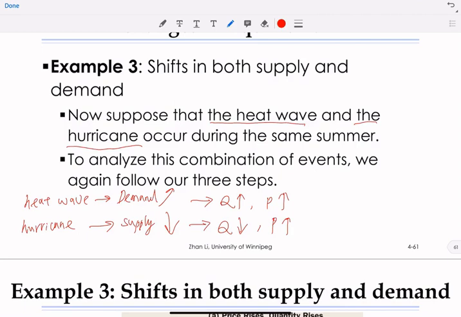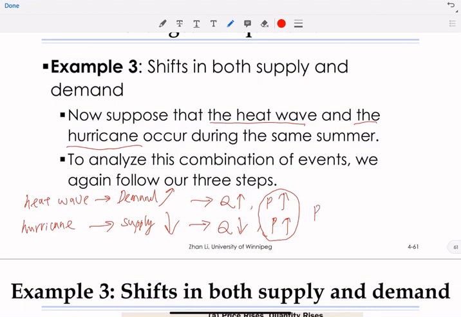And in example 3, we have to combine these two events. We have to combine the change in the demand curve and the change in the supply curve, right? Now you can see that if you combine these two events, then it's obvious, right? Because under both events, equilibrium price will increase. So the combined effect is the price will increase, right?